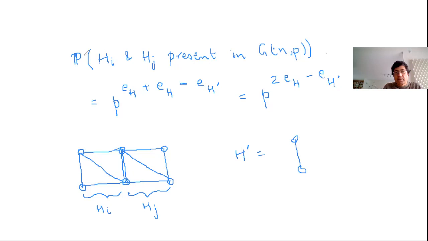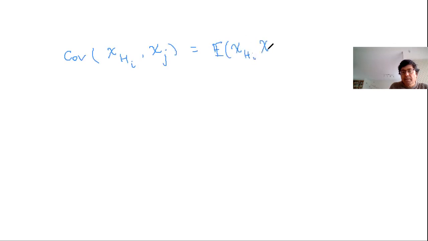So this is the probability that both are present, and so it's also the expectation of the product of these indicators. We worked out that expectation. So the covariance of the indicators of Hi and Hj is the expectation of the product minus the product of the expectations.